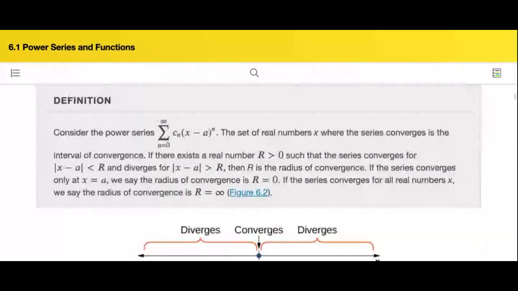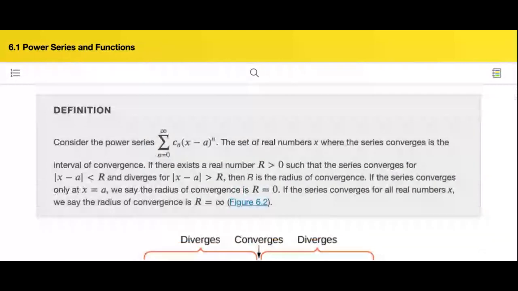Let's see this definition. Consider the power series. The set of real numbers x where the series converges is the interval of convergence. And the capital letter R is called the radius of convergence.